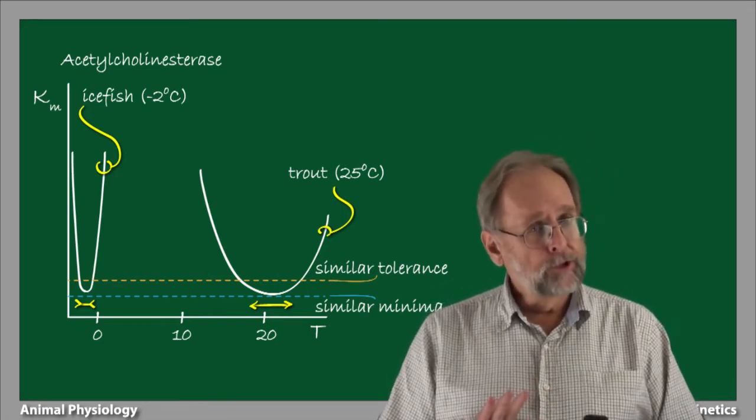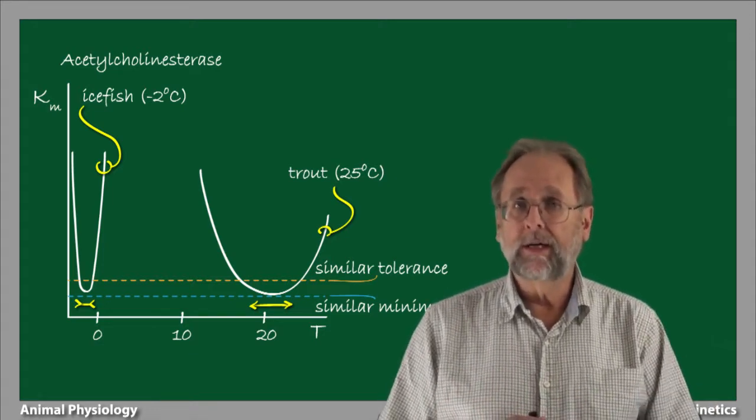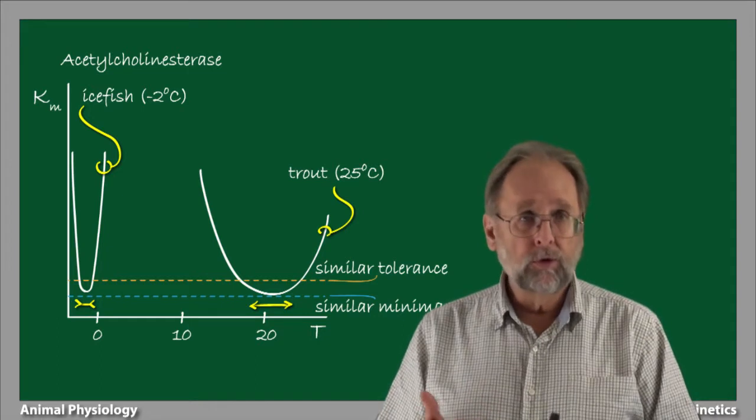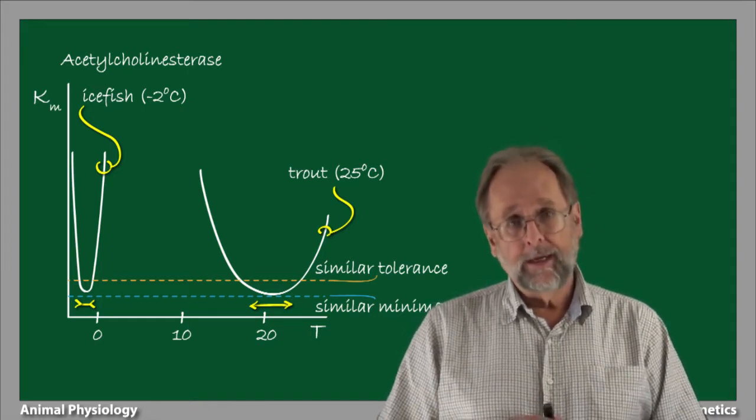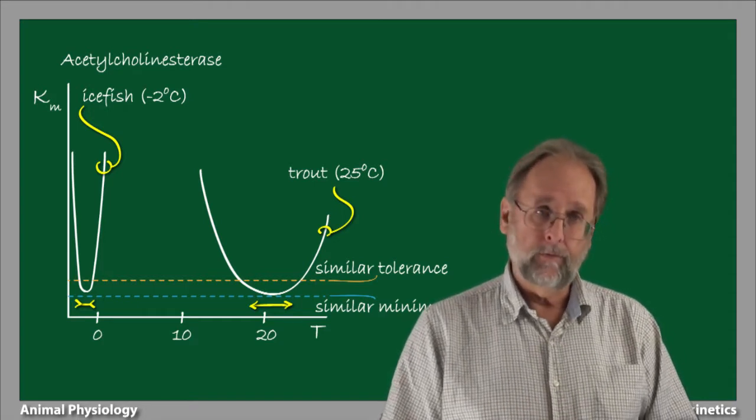However, if you gradually change the water temperature over several days, say from 25 degrees down to, say, around 2 degrees, the trout will acclimate to the cold temperature so that it continues to function well.